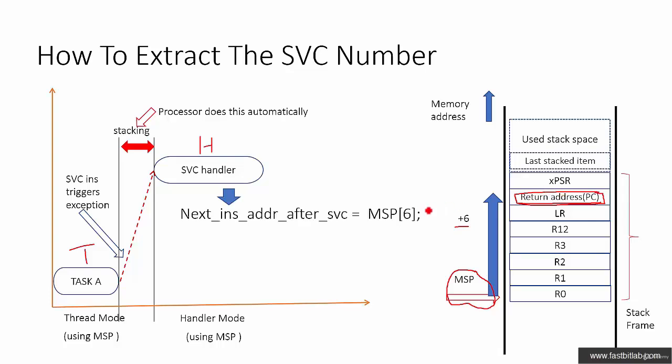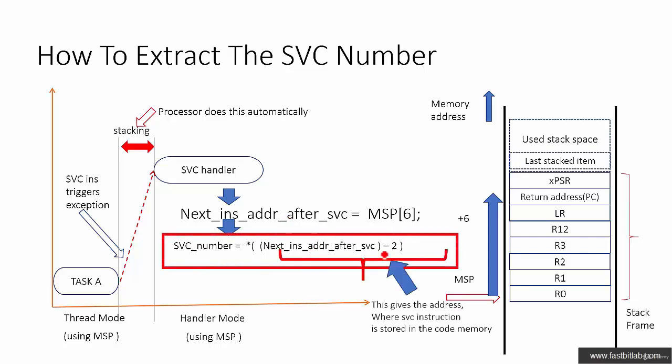And after that, you just store the value of the return address into a variable. This variable now has the address which was pointing to the instruction right after the SVC instruction in the thread mode. And after that, you have to do -2. That's because you have to come back to the SVC instruction opcode, isn't it?